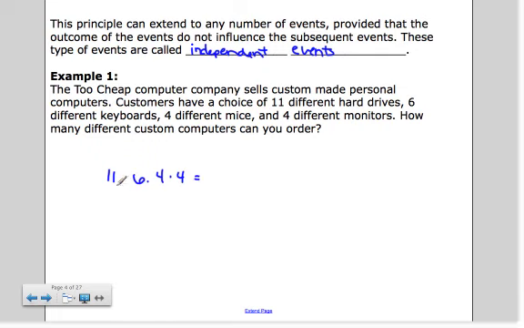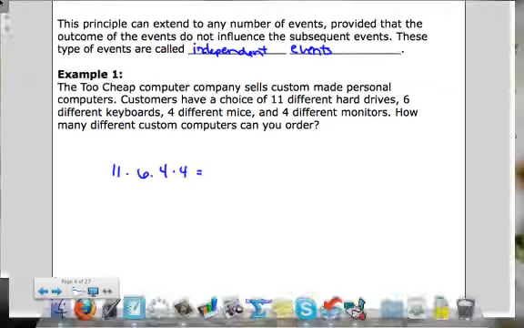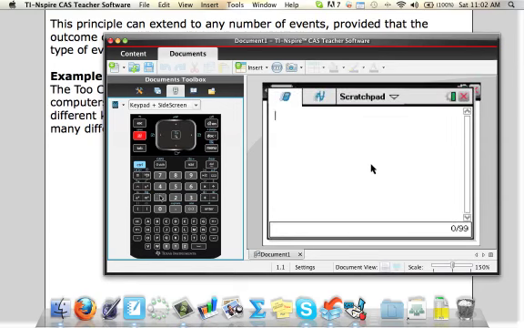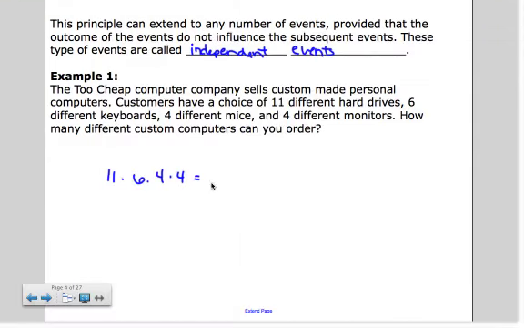Let me go to my handy dandy computer: 11 times 6 times 4 times 4 is 1,056 different computers.